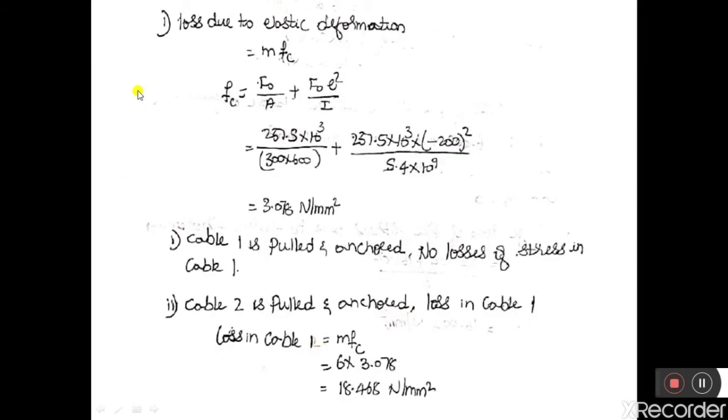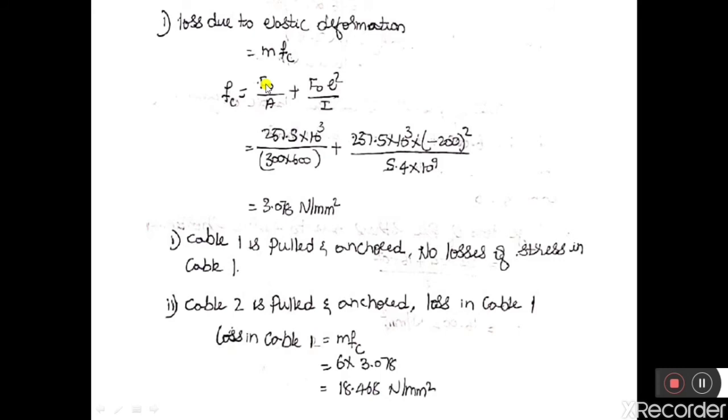So loss due to elastic deformation. We know the formula to calculate loss due to elastic deformation, that is m into fc. So m is given, that is 6, and to calculate fc we have the formula F0 by A plus F0 e square by I. F0 is the initial pre-stressing force we have calculated in the previous step.